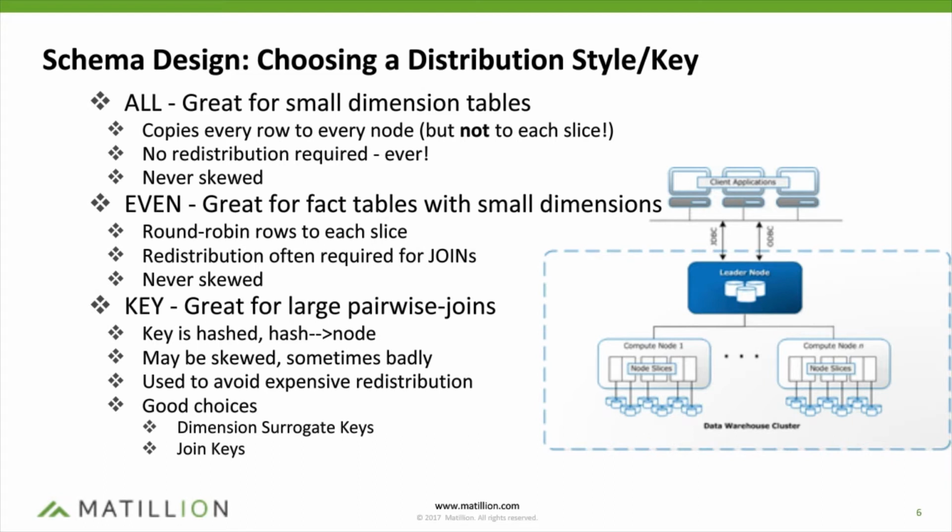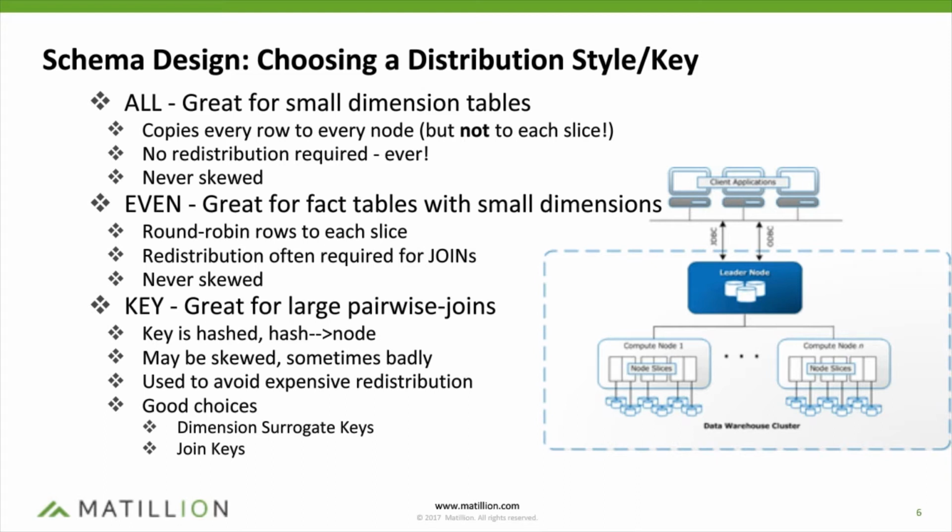Now, if you choose all, it means that every single compute node has a full copy of that table. That's actually quite a good thing for small tables, because when they're involved in joins, the rows don't ever need to be sent to another compute node over the network, because there's a copy of them on every compute node anyway.